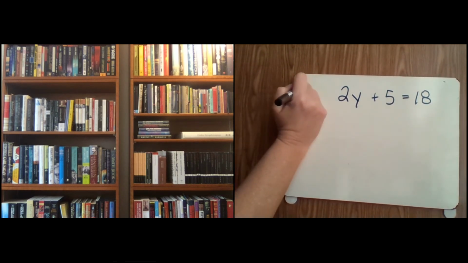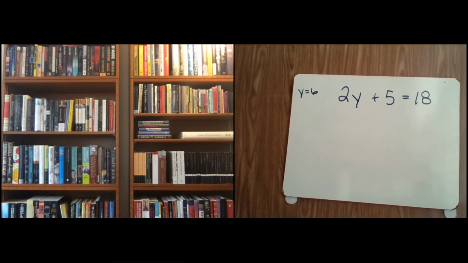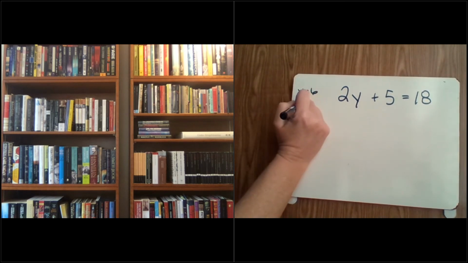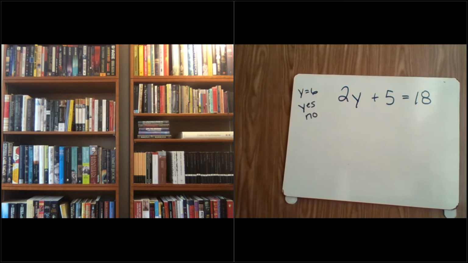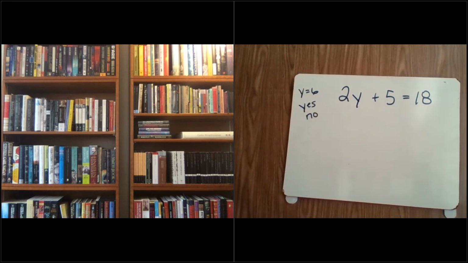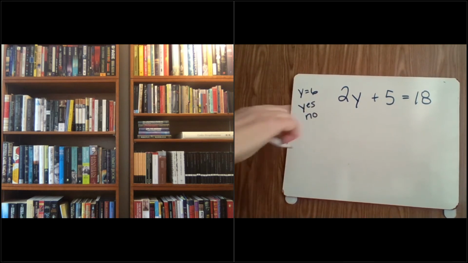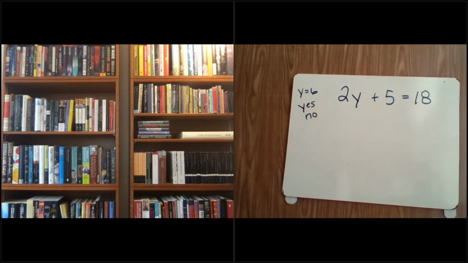They're saying, if I told you that y equals 6, is that the correct solution? Yes. Or is it the incorrect solution? No. So they've given us the answer, and they're saying, is that answer correct or is that incorrect?